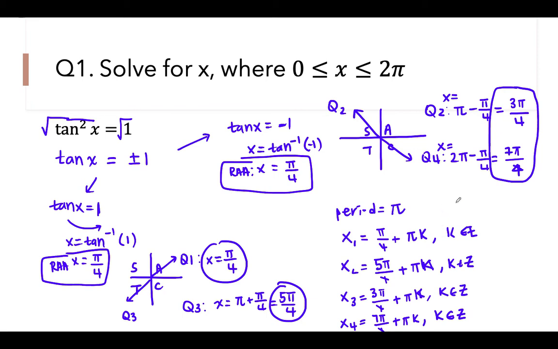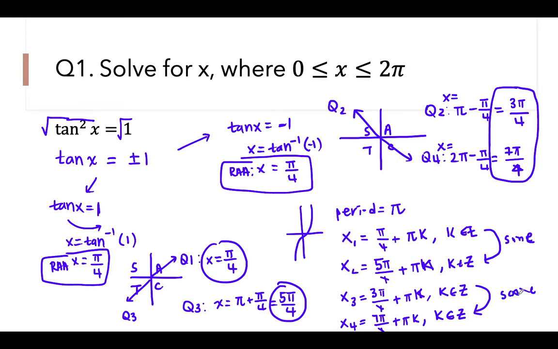But you will notice there are 4 possibilities. Because the tangent graph is a repeating pattern, this one is pretty much exactly the same as that one. And 3 pi over 4 is exactly the same angle as 7 pi over 4.